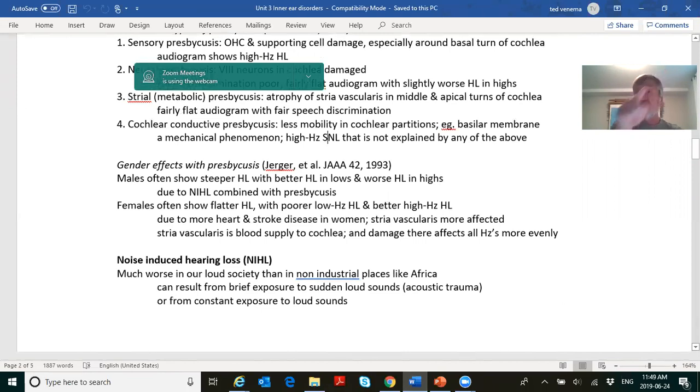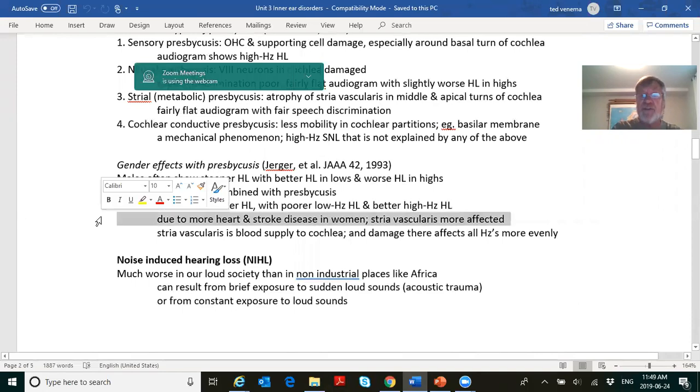So the slope will be steeper due to noise-induced hearing loss combined with presbycusis, because more elderly males have worked in noisy factories.